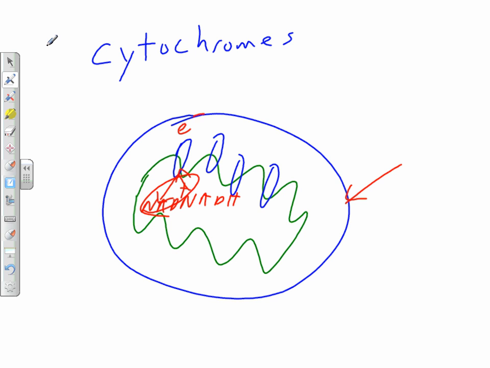What's the name of this step that we're talking about? Electron transport chain, right? So these things are like an electron transport chain. They move the electrons. Think of these little cytochromes like wire. What happens when you hook up electrons to a wire? They move through it. So they start to jump across it.